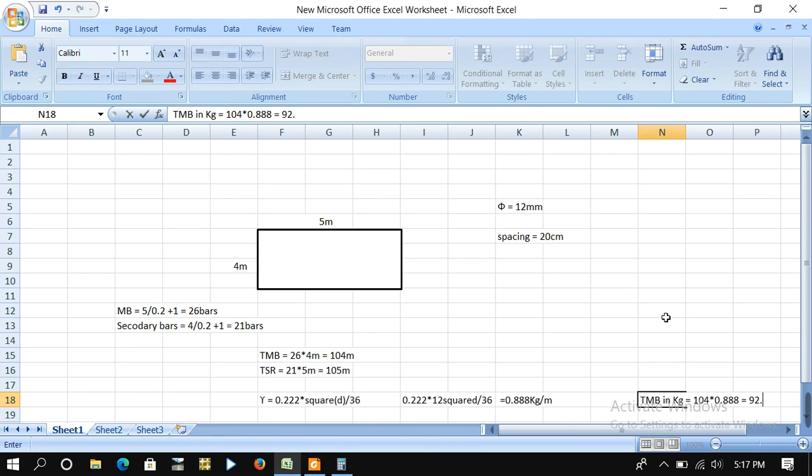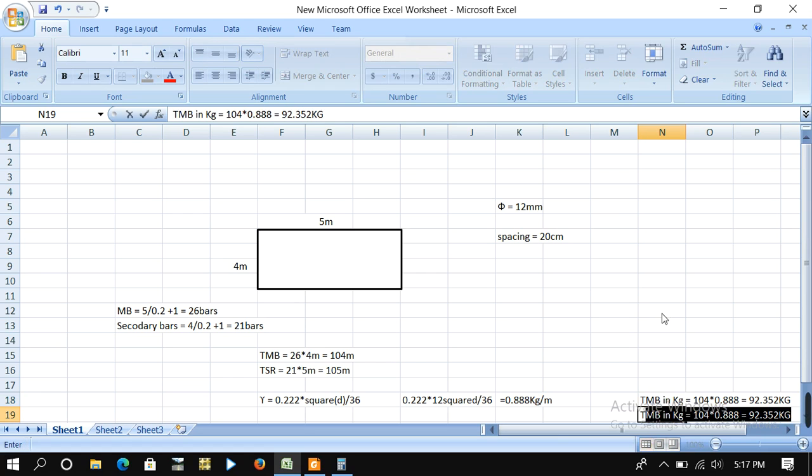And then next we'll be calculating the mass of the secondary bars. That's going to be done in the same way as we did for the main bar. So it is equal to 105 times 0.888.